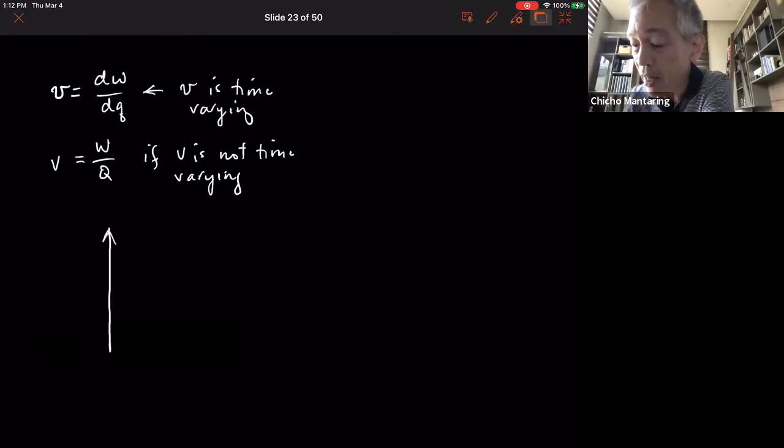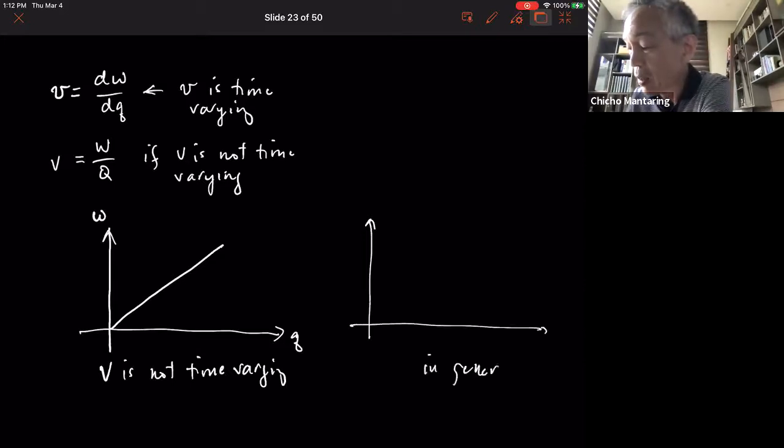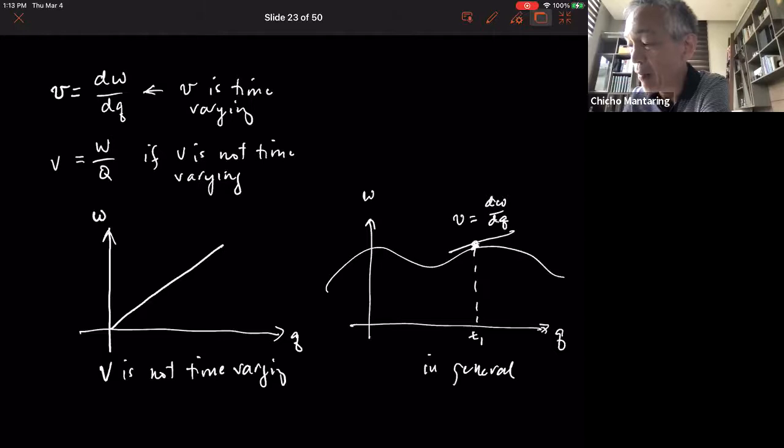V is not time varying if the relationship between W and Q is linear, in which case your voltage is the slope. But in general, it's possible for the relationship between W and Q to be something like that, and therefore your voltage will depend on a particular point. So here, V is equal to dW by dQ.